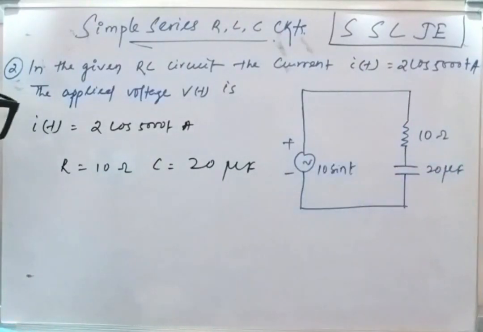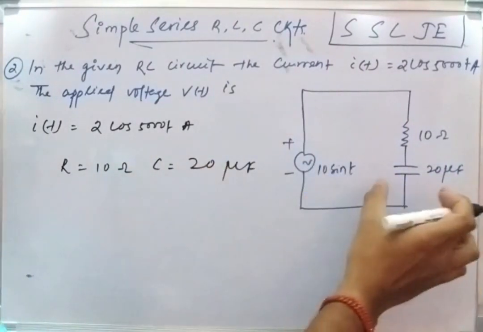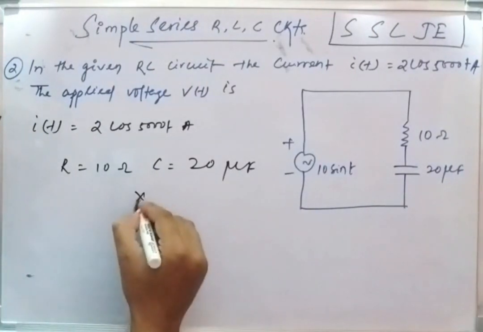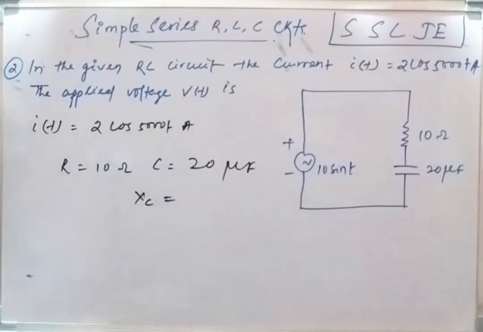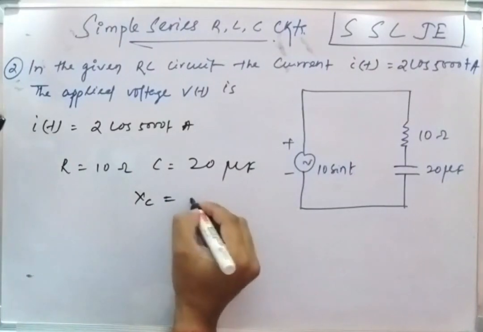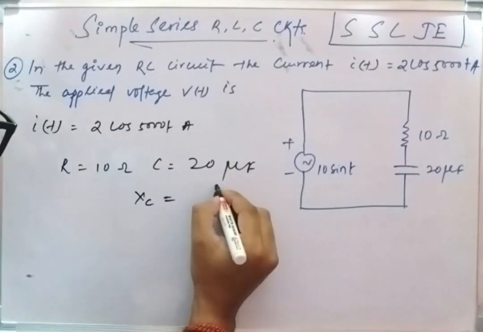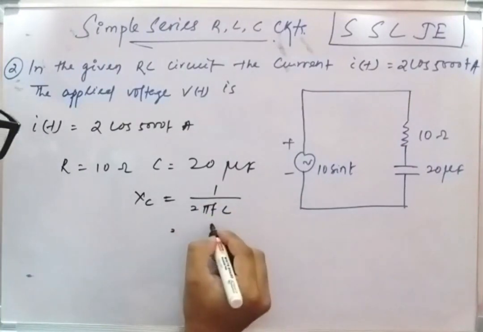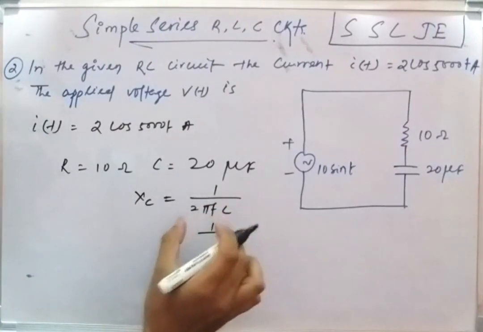So before going to the complex form, just convert this capacitance into capacitive reactance. So how much will be the capacitive reactance? X equals 1 by 2 pi f c.